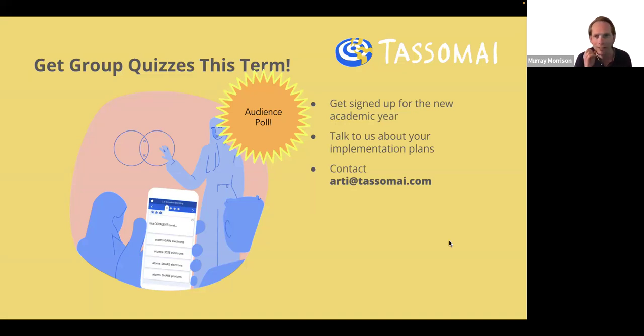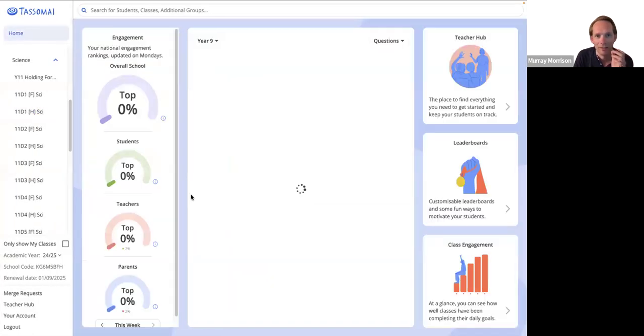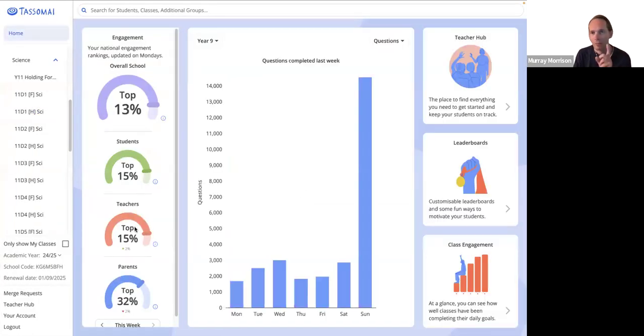Did I say, this is really important if you're SRT, the school engagement ranking on your dashboard ranks student and teacher engagement. The teacher engagement is predicated upon what proportion of the teachers in your department have logged in each day and done one thing on Tassomai, even if it's just log in.